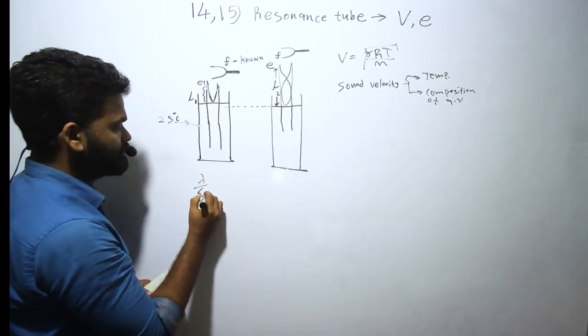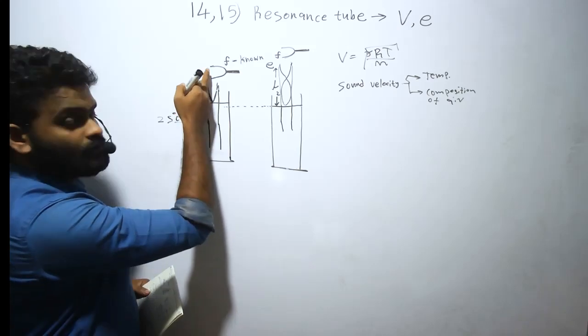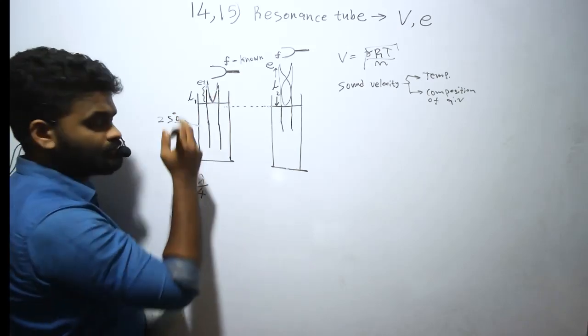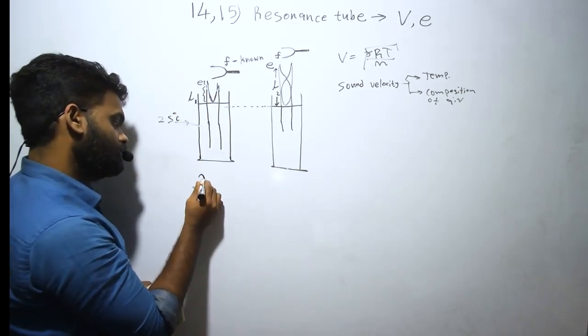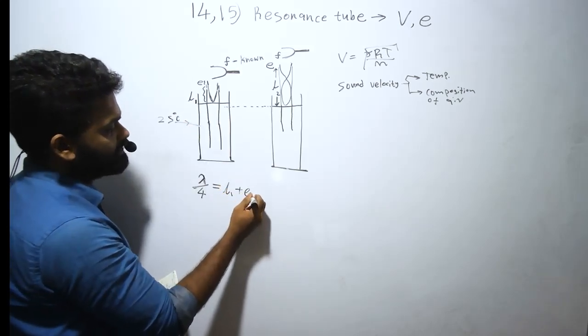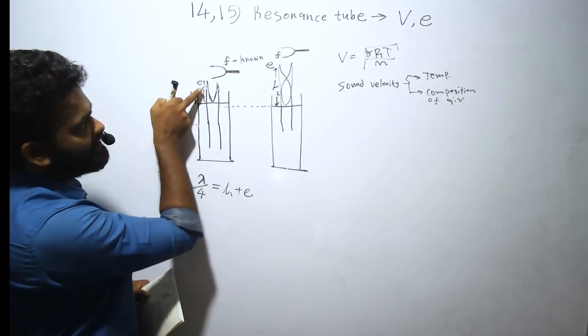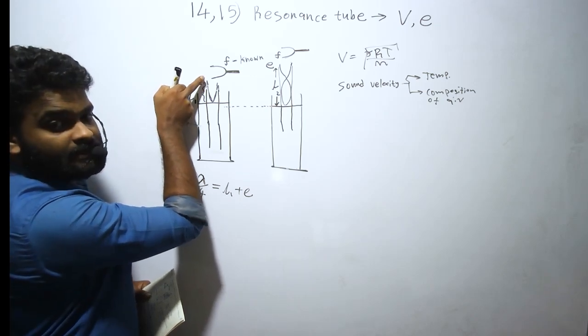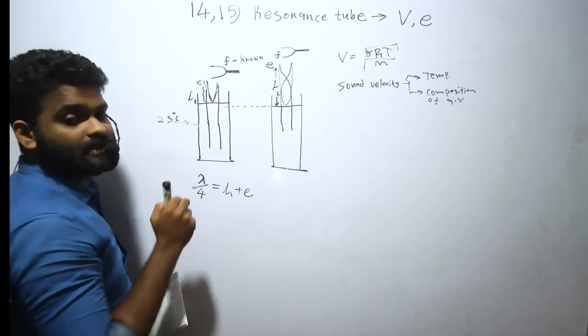I'm not going to explain the theories again. It is 1/4 of a standing wave. So this is lambda over 4. Lambda over 4 is equal to what? L1 plus E, where this length is L1. You have to add the end correction there.